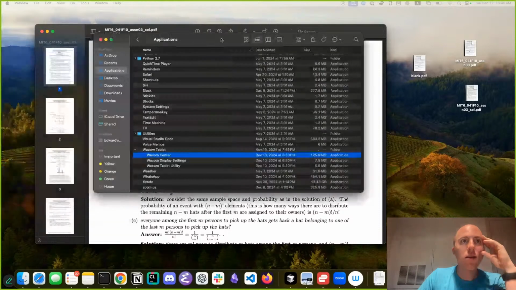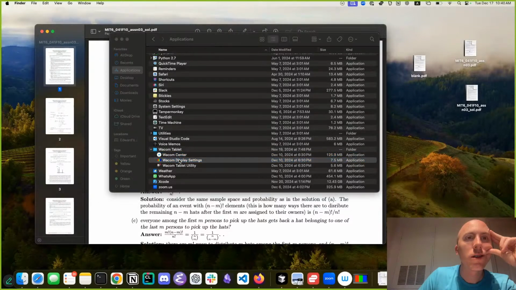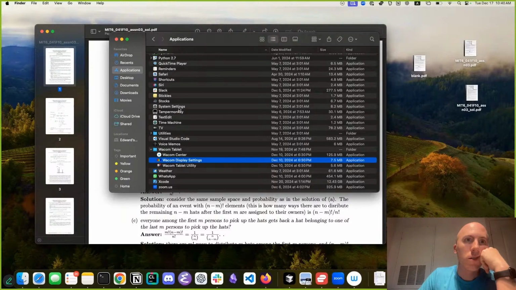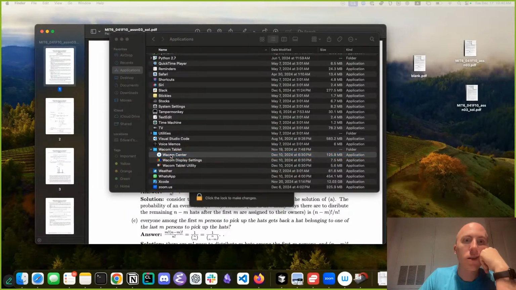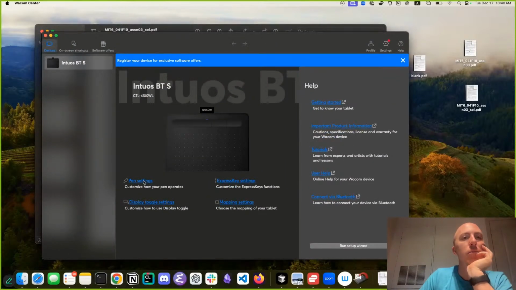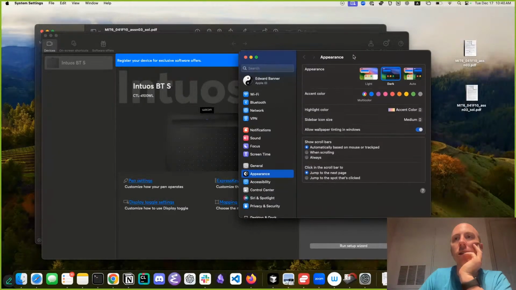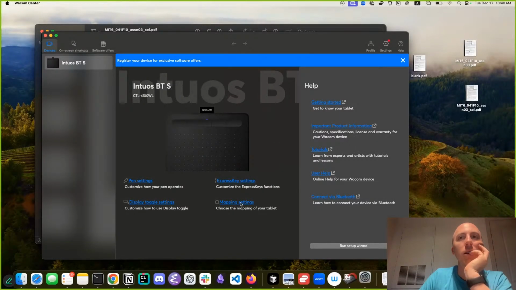Wacom. Display settings. Okay, tablet utility. That's this thing. Pen settings, mapping.